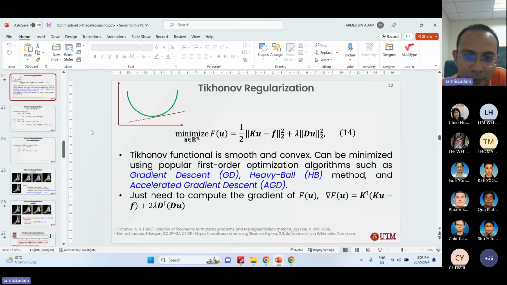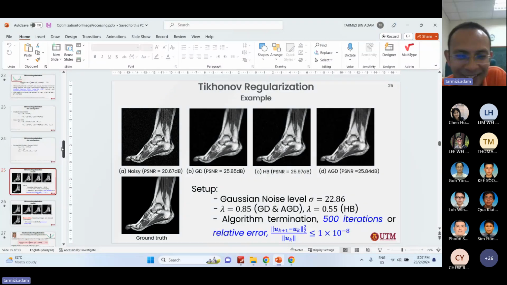I'm just wondering, how are you going to handle your step size? The step size, in this experiment? Yes, trial and error. So is there any range or any guideline that you try?